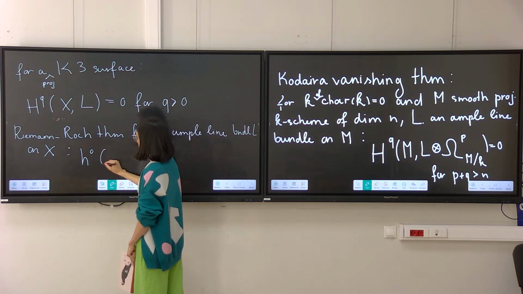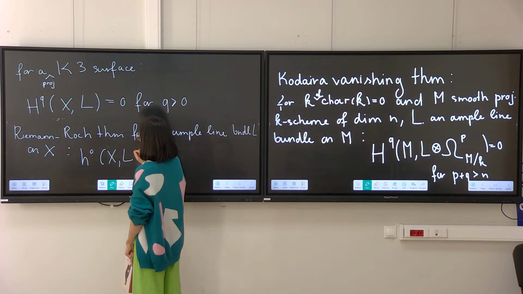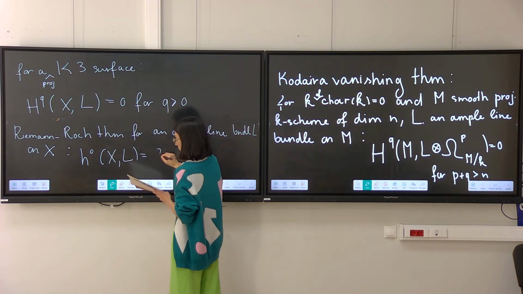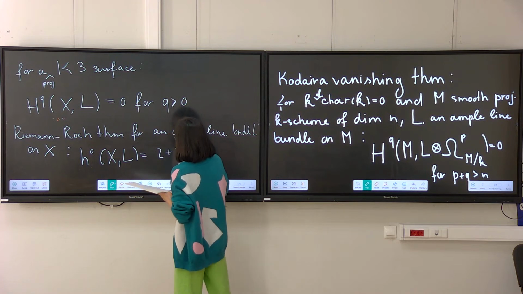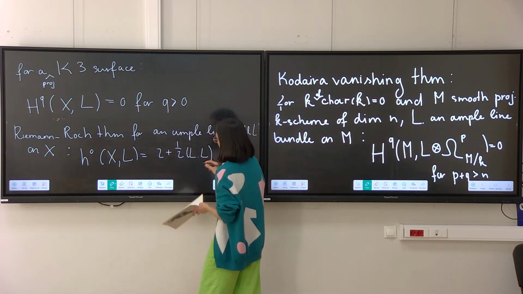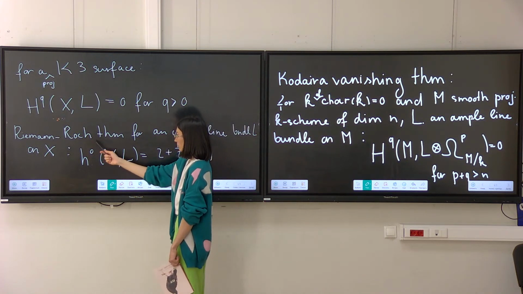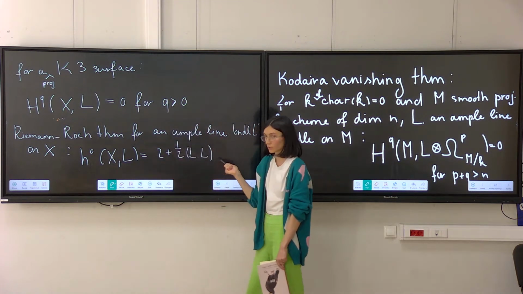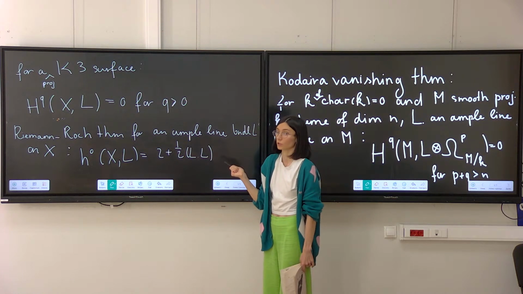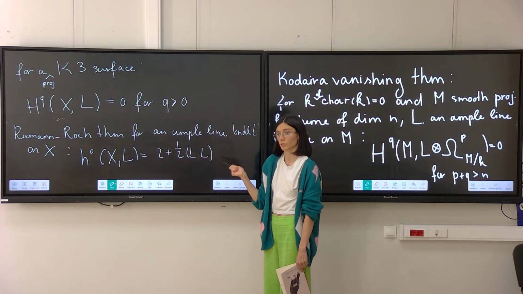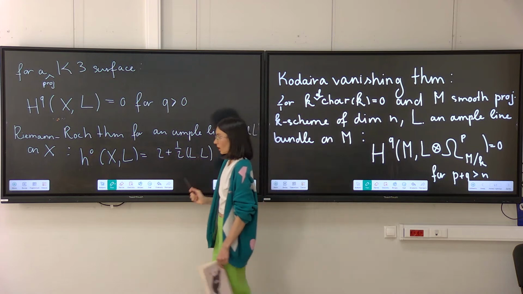H0 of L equals 2 plus L squared over 2. So for an ample line bundle, we immediately obtain global sections from the corresponding self-intersection on a K3 surface, and even in positive characteristic.